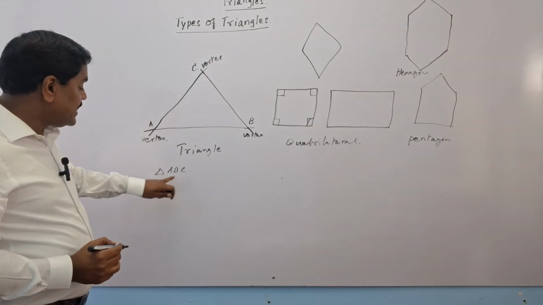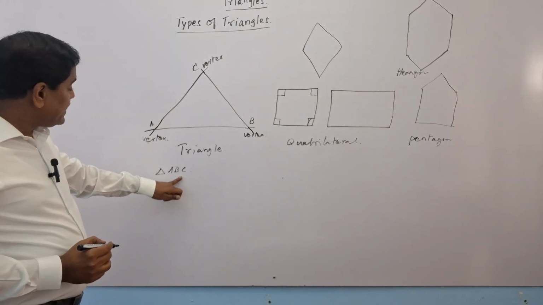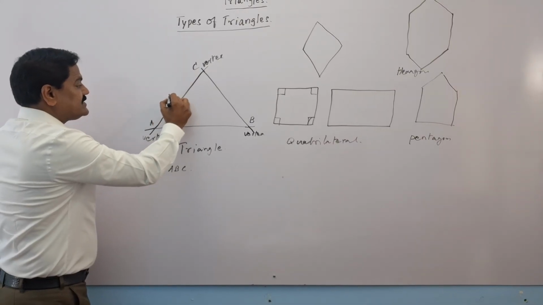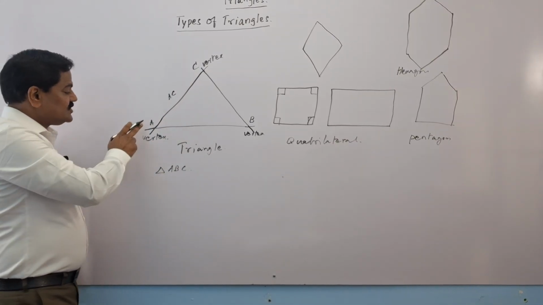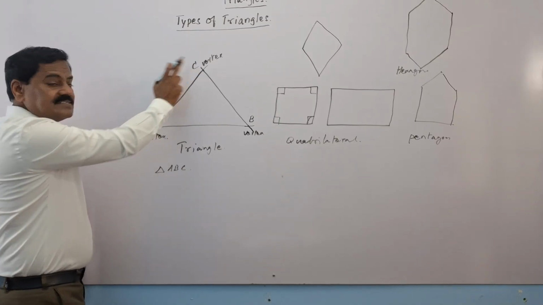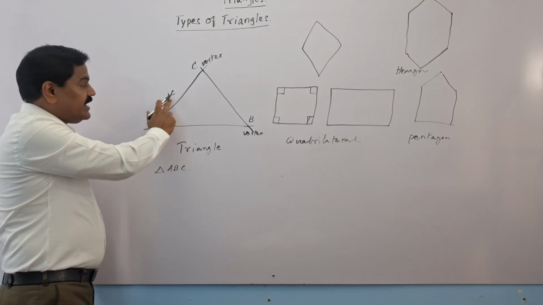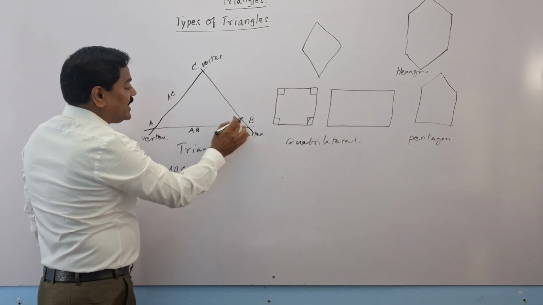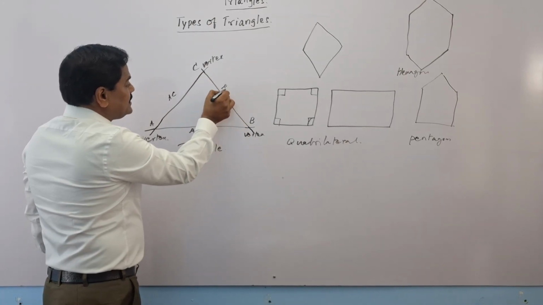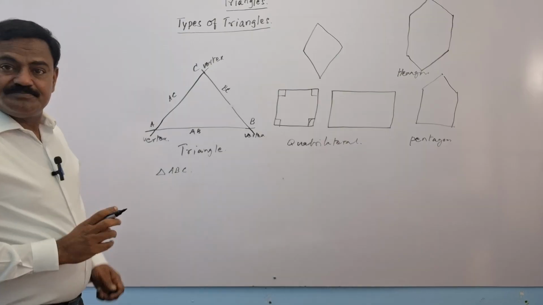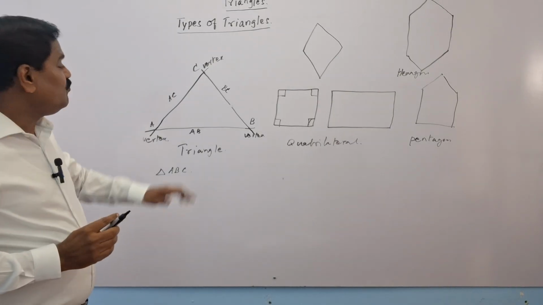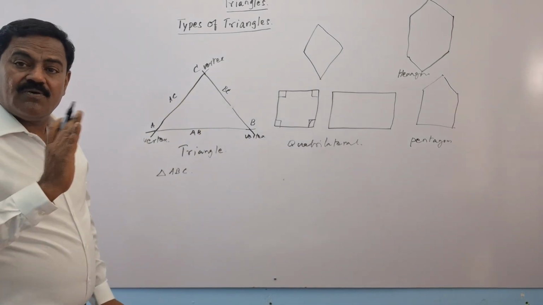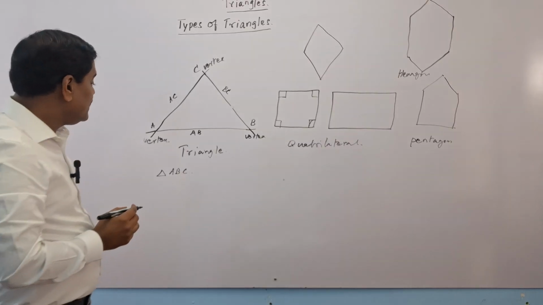Clear, students? So the triangle ABC has three sides. The name of this side is AC, starting from vertex A and ending with vertex C. This side is called AC, this side is called AB, and this side is called BC. So a triangle will have three sides and three vertices. Now let us see what an angle is.